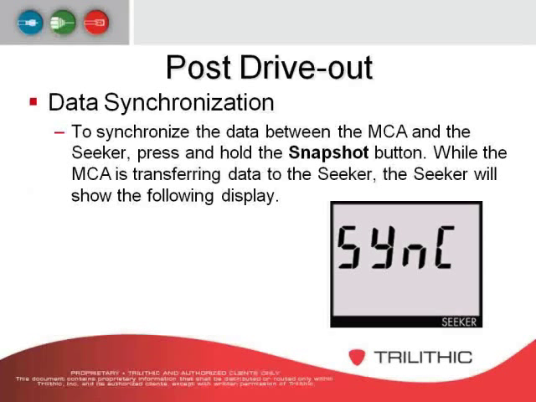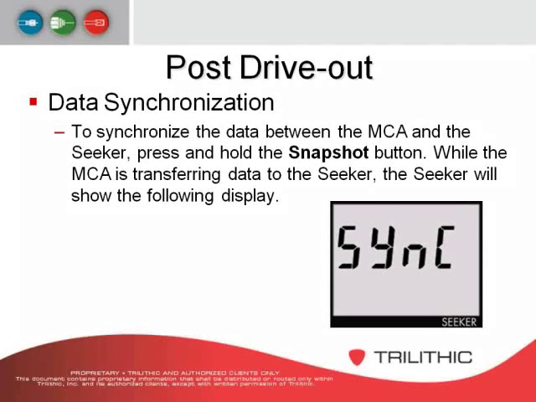So, once you go all the way through and do your leaks, I mentioned the ability of making it totally automated, to where when you park your truck at the end of the day, via Wi-Fi, the information is pulled off of your MCAs and sent back to the server. You can also do the same thing manually by pressing the snapshot button, and I'll show you that here in a little bit.